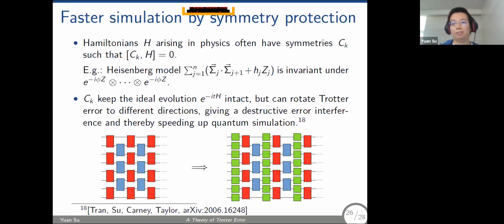This kind of symmetry preserves the ideal evolution, but its effect is that it can rotate the error of the simulation into different directions. So if you perform R steps, you can rotate the error into R directions. And if you add them up, the hope would be that you can cancel the error destructively, so you can get a better quantum simulation. So a picture would be something like this. You insert some green boxes so that you can use the symmetry to speed up quantum simulation.